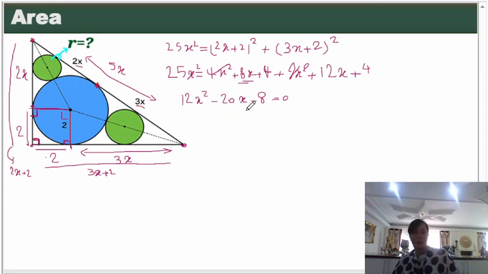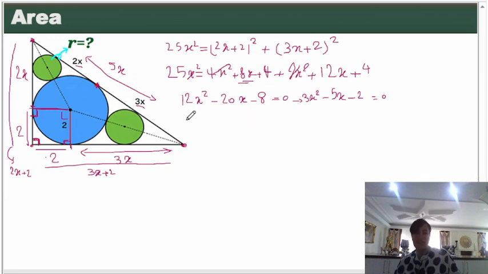Okay, first of all I try to simplify and divide all of these terms by 4, so I will get 3x squared minus 5x minus 2 equals 0. Now to find the value of x, I try to use the discriminant formula.